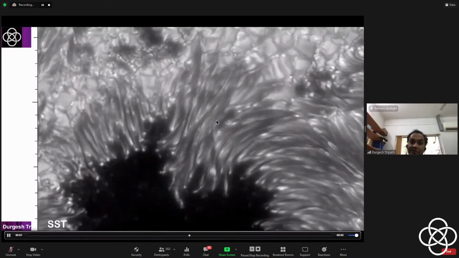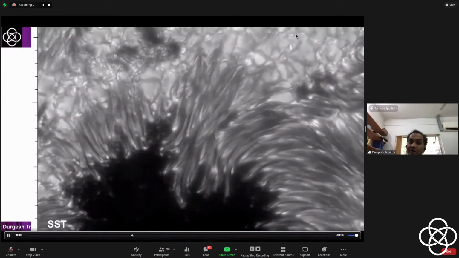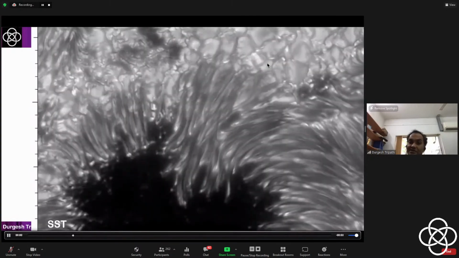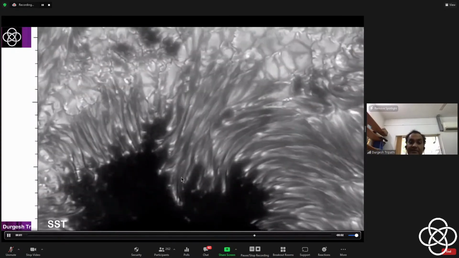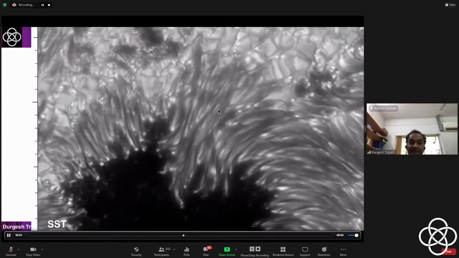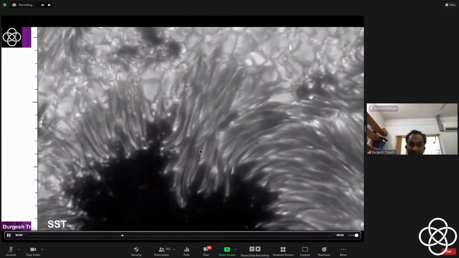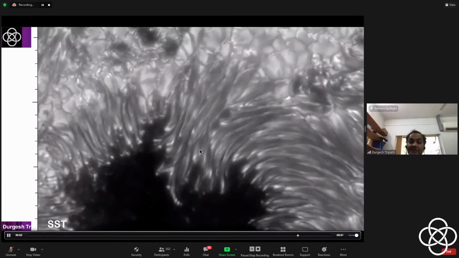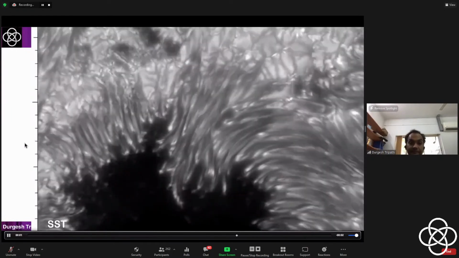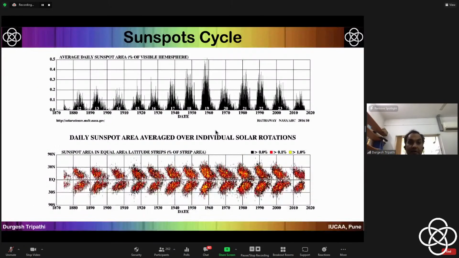The gas is moving out. Since they go out slower than these granulation structures, in relative terms they look as if they are going inside. And that is what is called the Evershed effect. That was discovered from our Kodaikanal Observatory in 1908 by John Evershed.